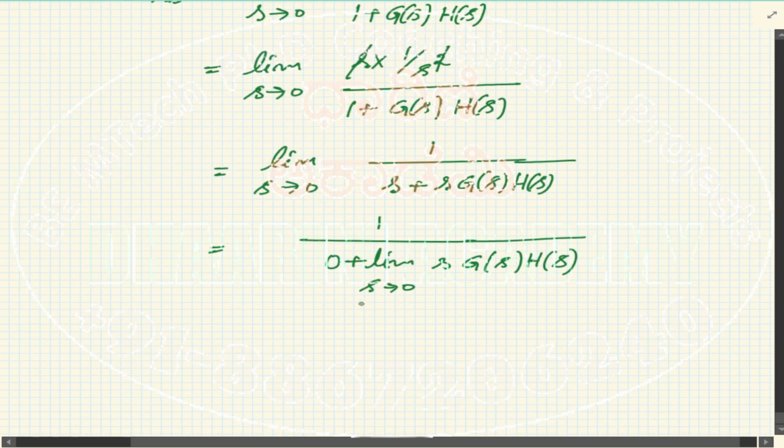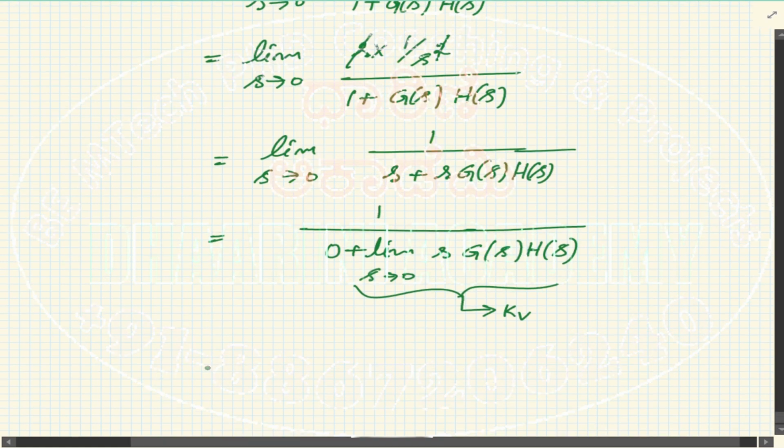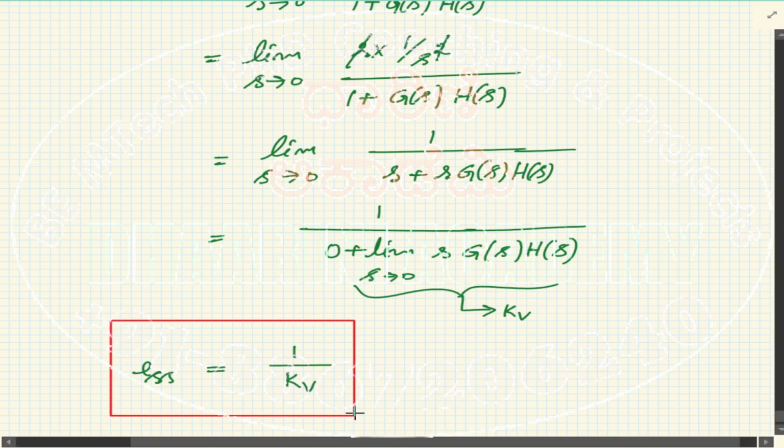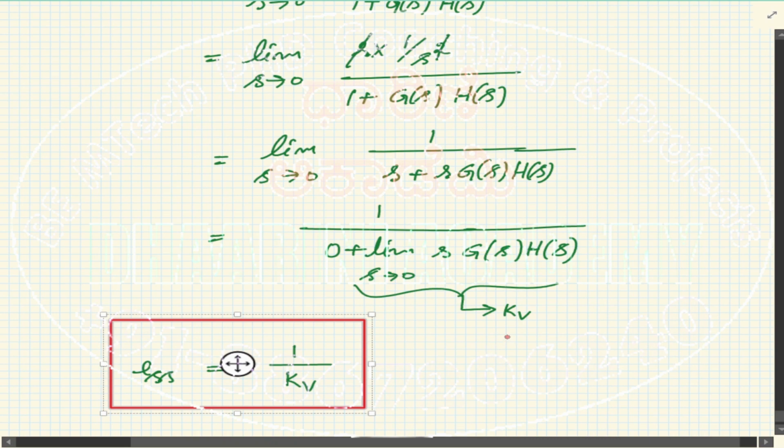In the literature, you can see that this term is defined as kv. So ESS becomes equal to 1 divided by kV. This is the second type of error that arises in the system when the input is a ramp function.